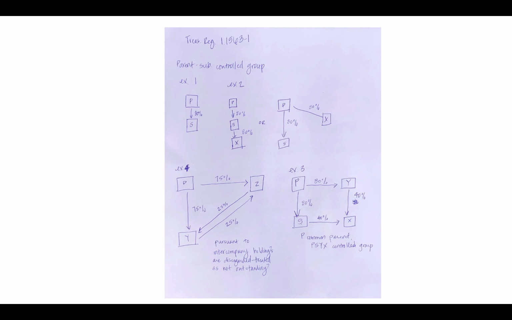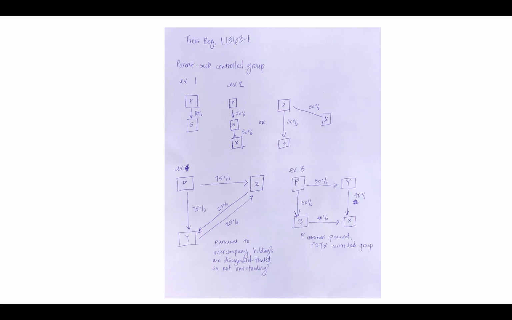These examples are found in Treasury Regulation 1.1563-1. I'm going to go through their examples as well because I think they're good to help you understand this. In example 1 in the regulation, you have parent owning 80% of sub. That's easy. That's clearly a parent-sub controlled group.